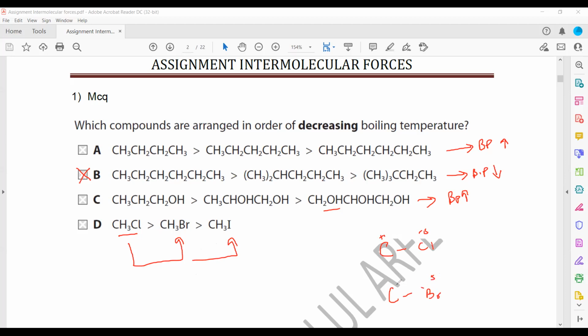But because bromine has more electrons, it will have a stronger induced dipole force. So that's why the boiling point also increases. Iodine has even more electrons than bromine, so the boiling point will further increase. So the correct answer is B. Is it clear?